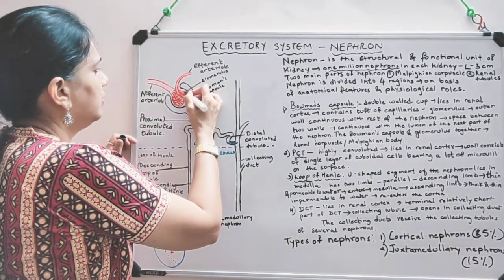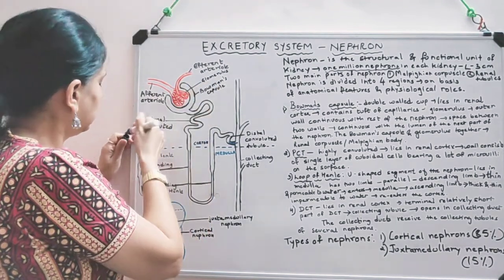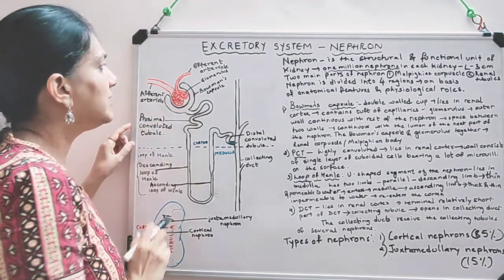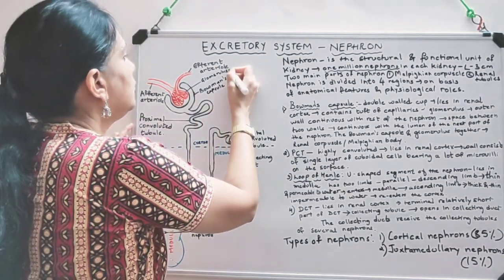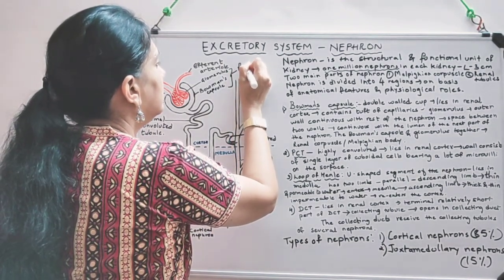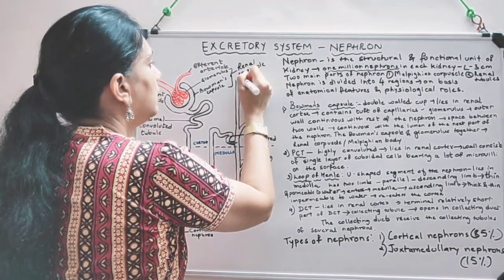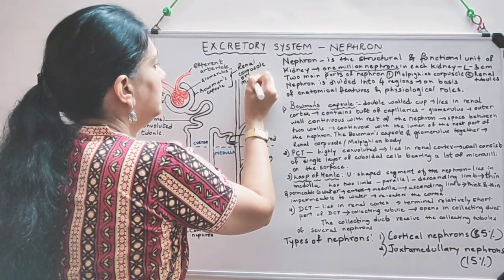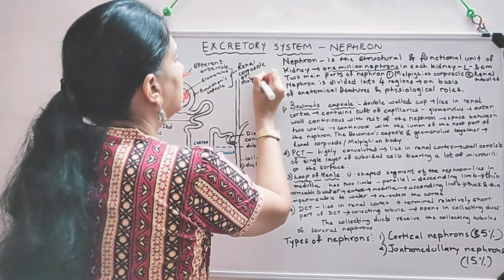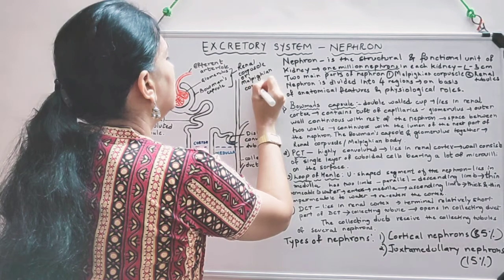This red portion is called glomerulus, and this cup-like structure is called Bowman's capsule. Together they are called renal corpuscle or Malpighian corpuscle.